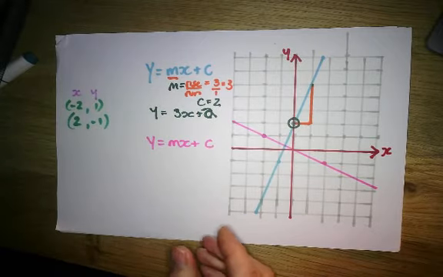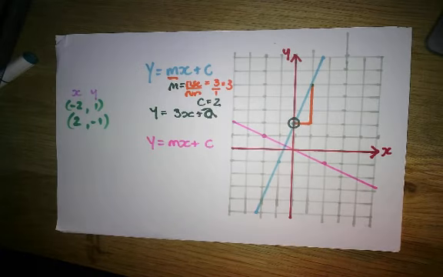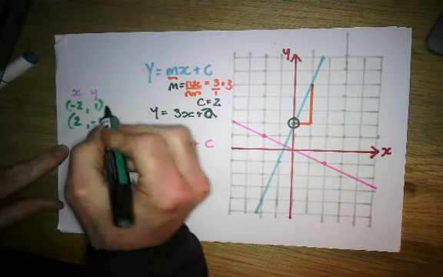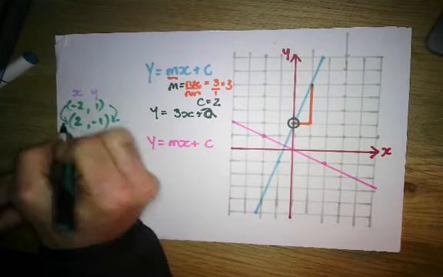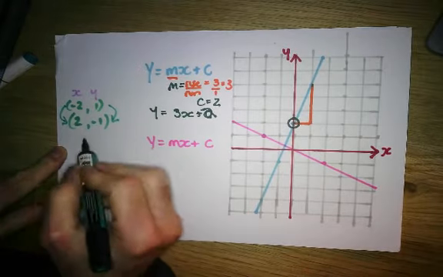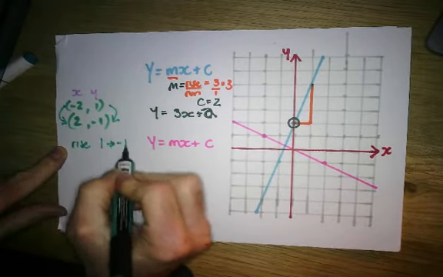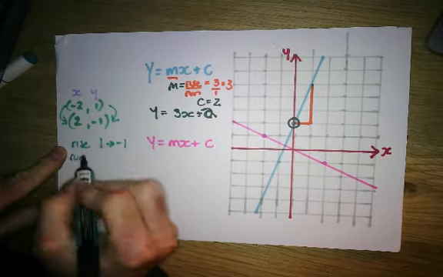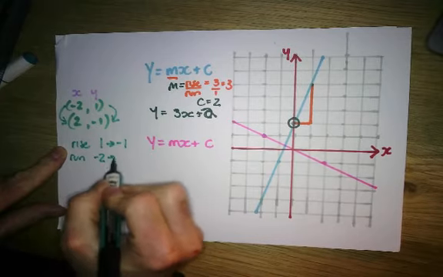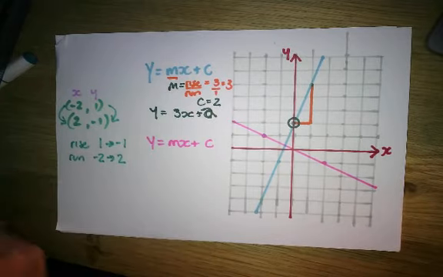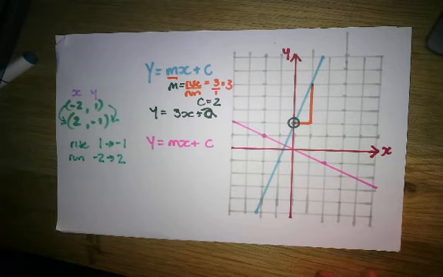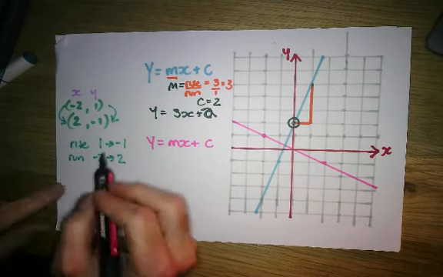What I want to do is go from there to there and there to there. So my rise is going to go from 1 to -1, and my run from -2 to 2. That can be quite awkward.